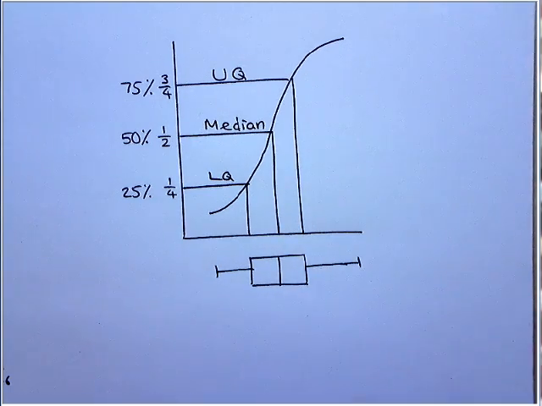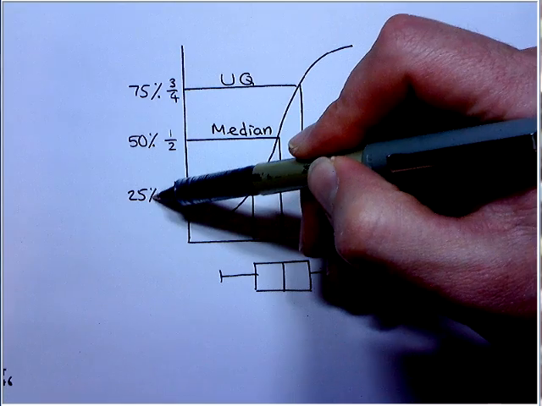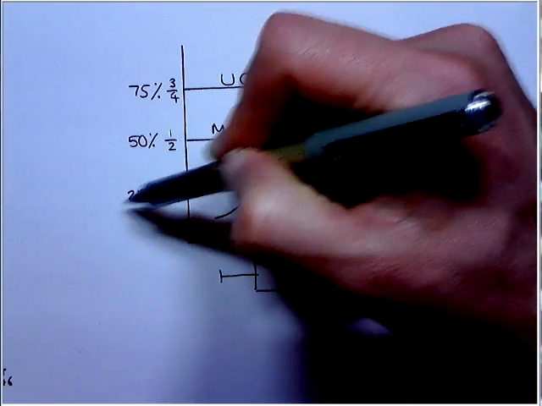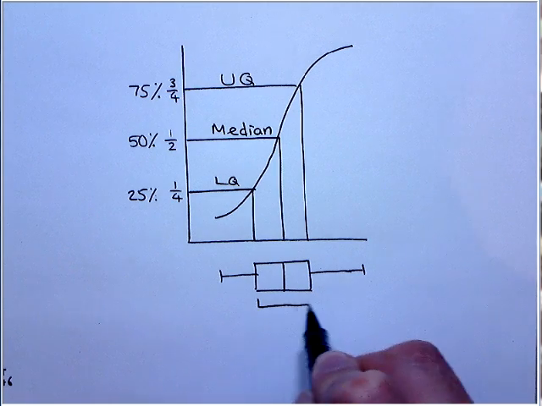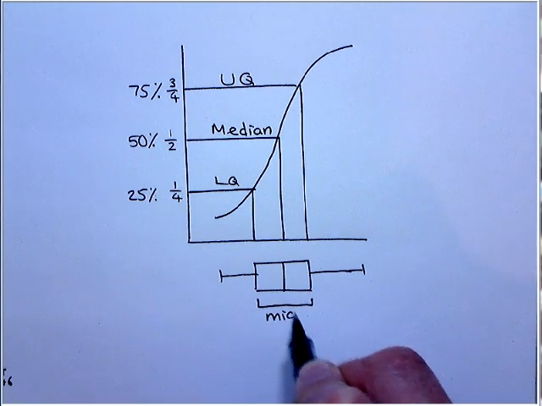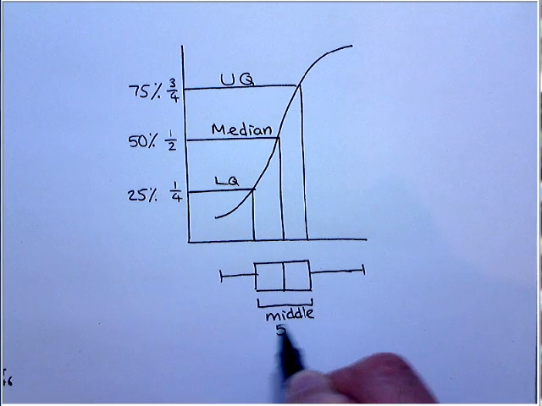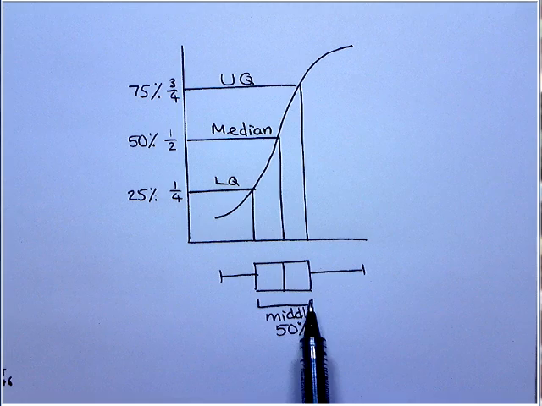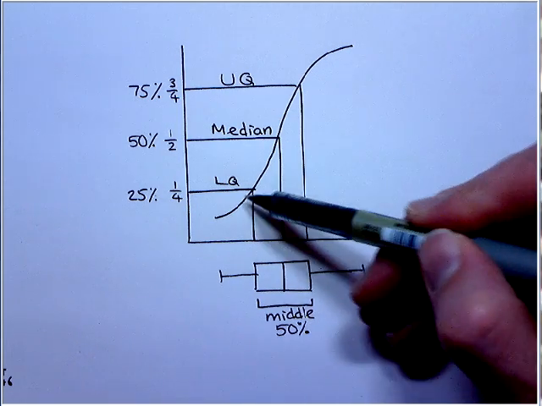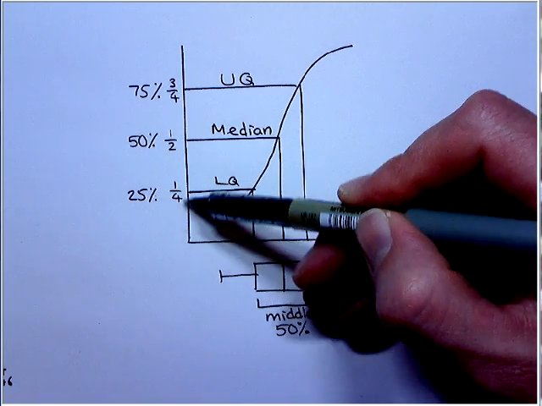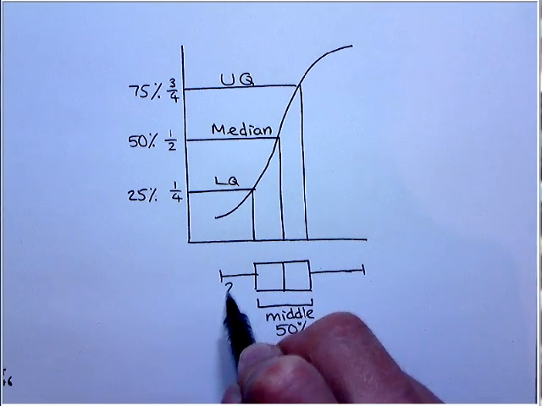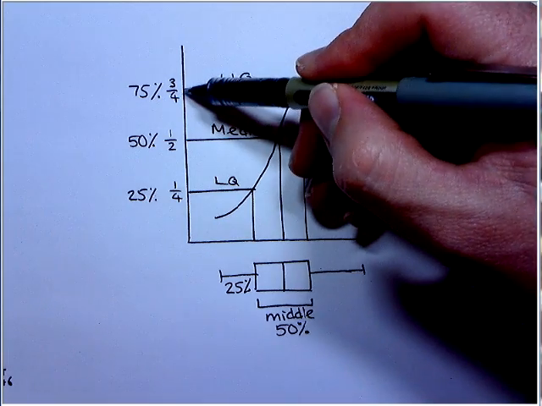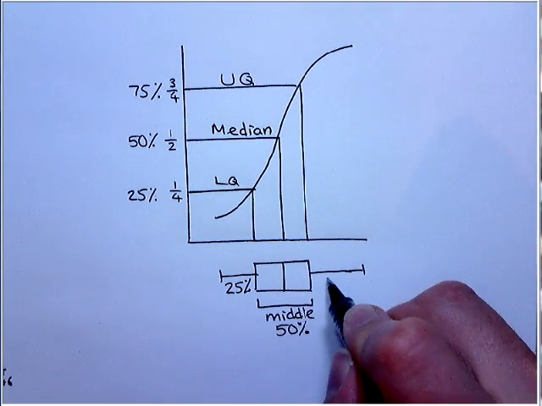But what I want you to realize is this is 25 and this is 75. So this is basically the middle 50%. The interquartile range shows us the middle 50% of the data, which means underneath the lower quartile, up to there is 25%, so this is the first 25%, and therefore above the 75% is the rest of it.